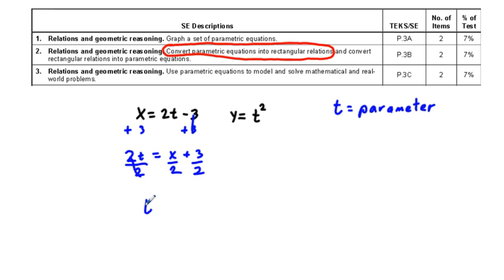So we have t equals 1/2 x plus, I'll just decimalize it, 1.5.